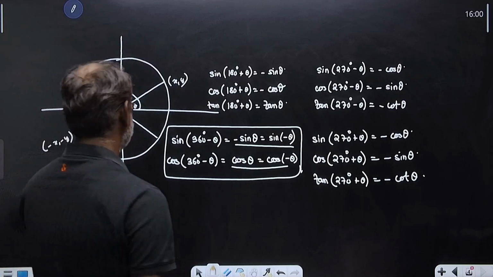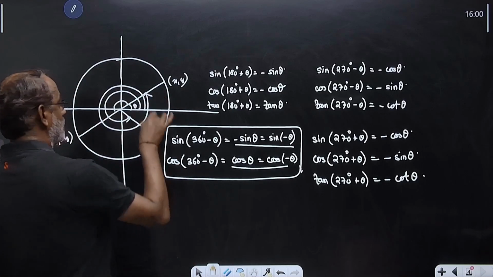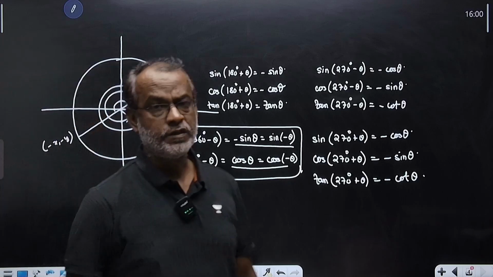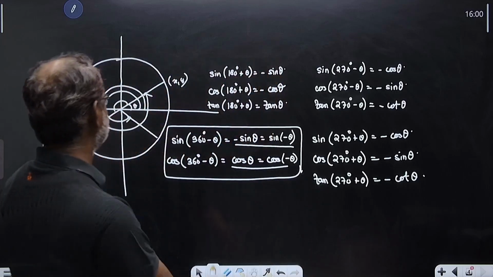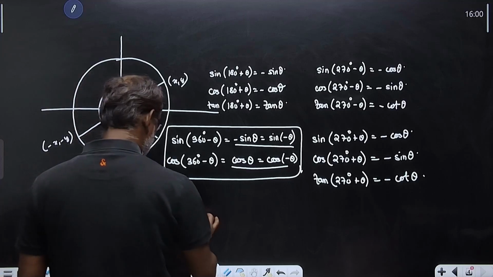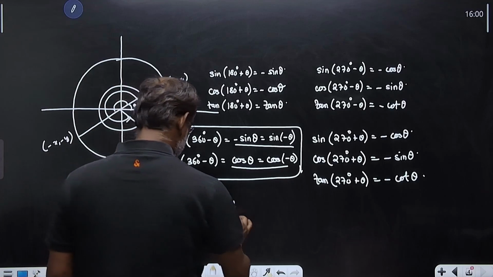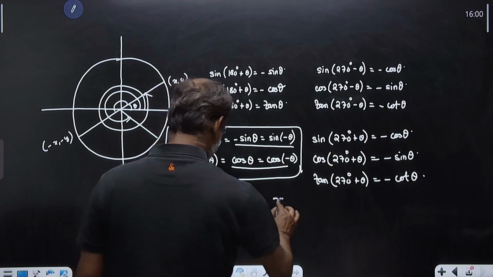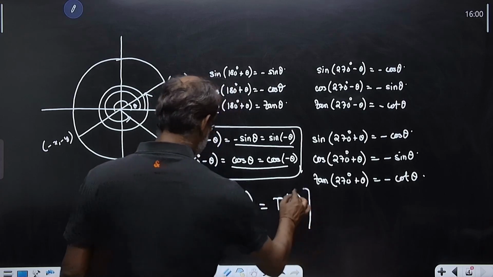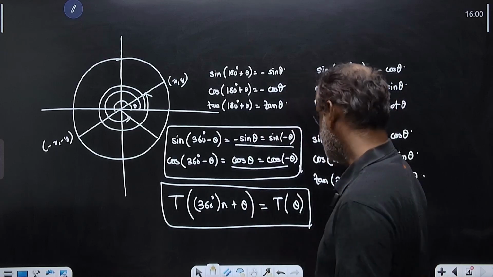Moreover, post 360 degree you can understand that if I move theta plus 360 degree, I will reach the same position. So, for any trigonometric ratio, if you add n times 360 degree, that will be equal to the trigonometric ratio itself, where n is an integer.